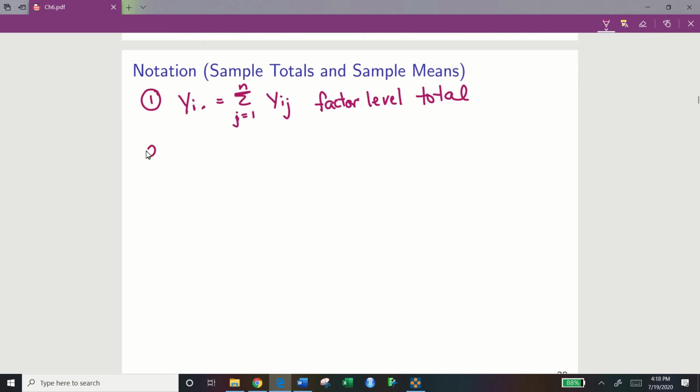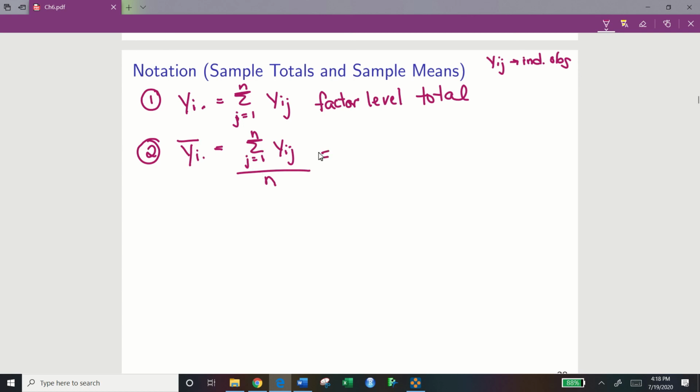Next, we have our factor level mean. We show this as yi dot bar, and it is the summation of j equals 1 to n of yij. And I'm going to put in the corner just so we don't forget, yij, those are individual observations, all over our sample size n.